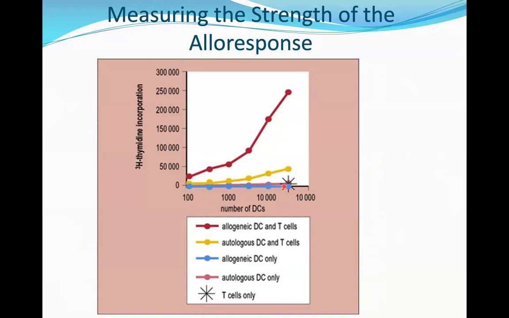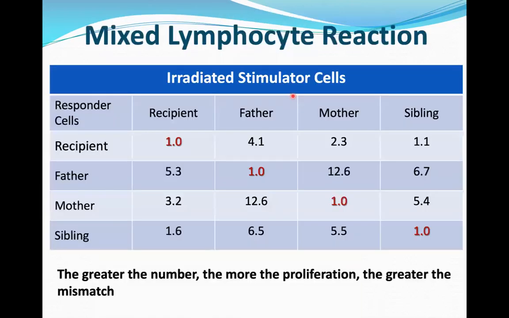So there's no increase in reaction. But here, where we are seeing foreign antigens from a donor being presented to the functional T cells from the recipient, we see an increase in proliferation. And so that shows an allogeneic response. And so in this way, we can get a readout.